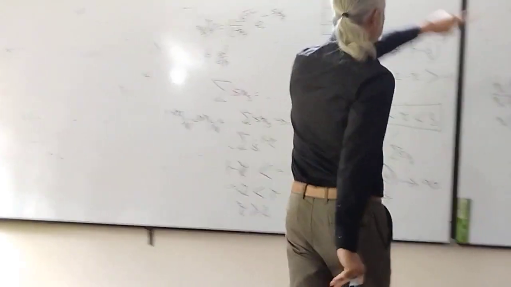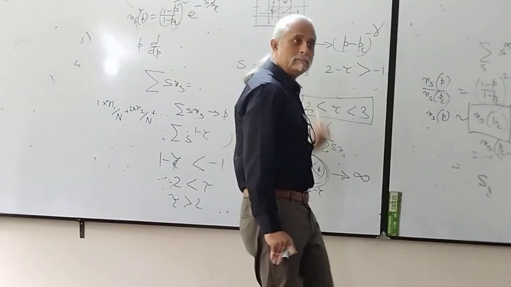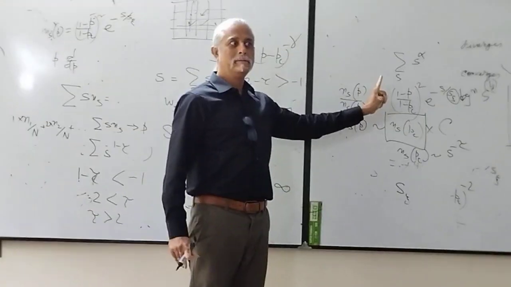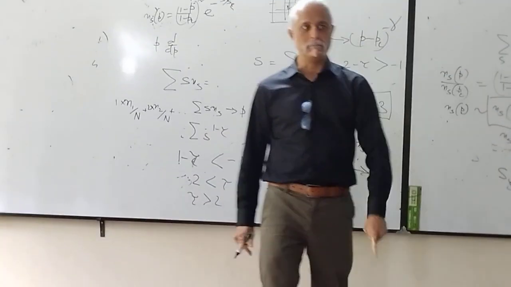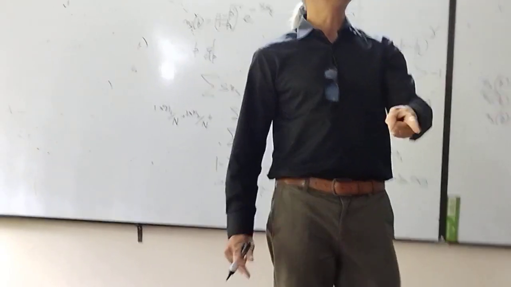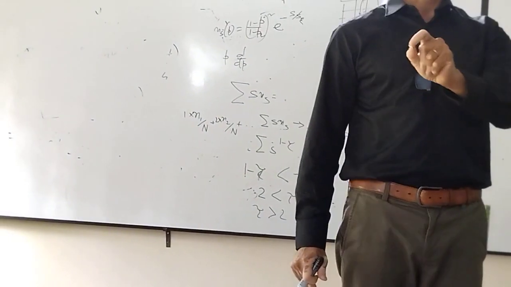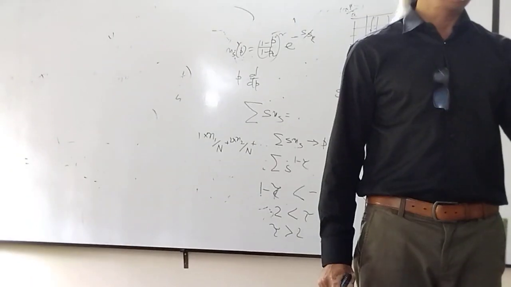Otherwise, all this thing that I have done, everything goes wrong. Tau must be within 2 and 3. Cannot have any other values.